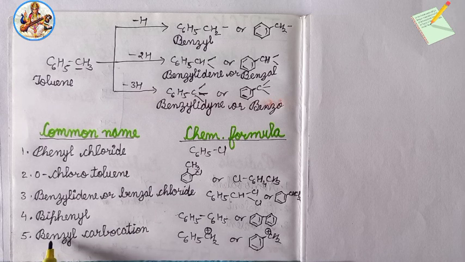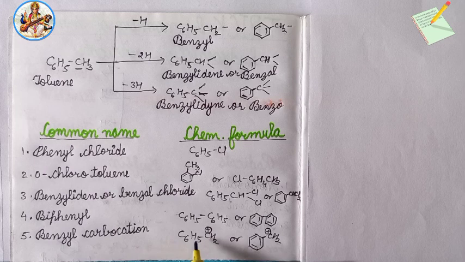We know that the benzyl group is C6H5CH2 and a carbocation shows a positive charge on that carbon atom. So the chemical formula of benzyl carbocation is C6H5CH2 plus.